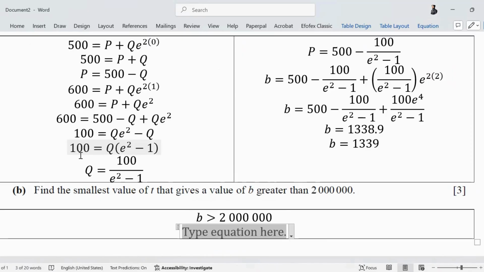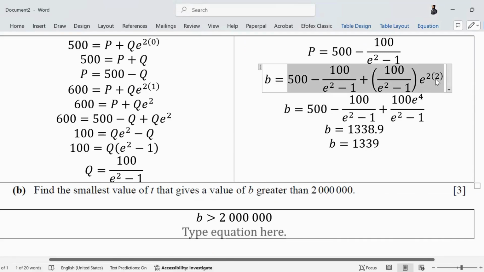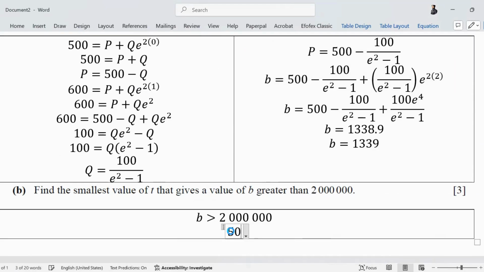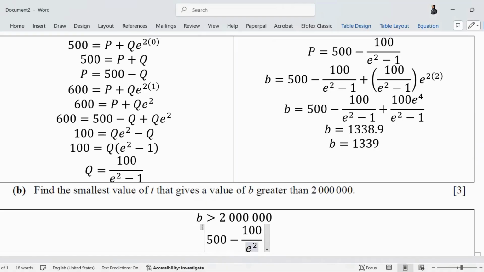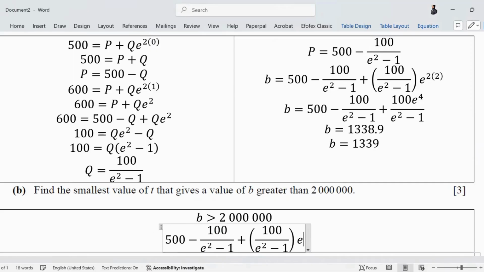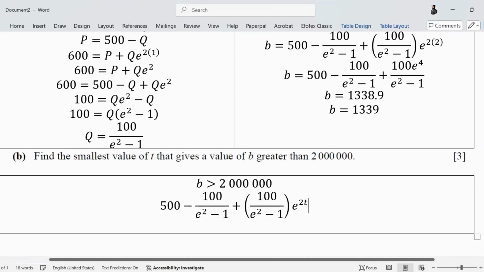So what is b? This is b, 500 minus 100 over e squared minus 1 plus 100 over e square minus 1 into e to the power 2t. Is that right?